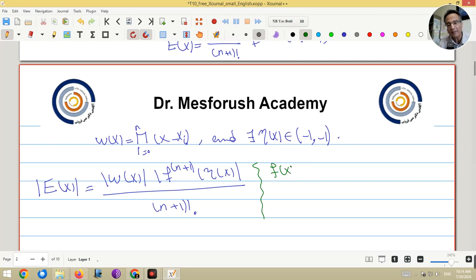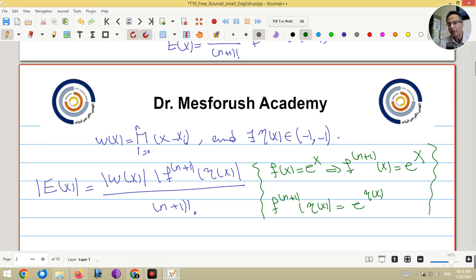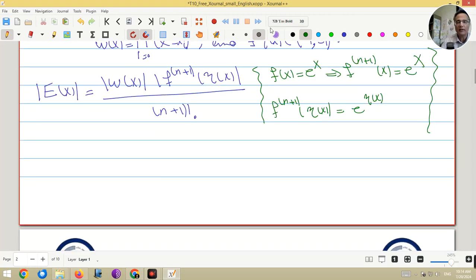Now note that f(x) = e^x, and this means that the (n+1)th derivative of f is again e^x. So the (n+1)th derivative of f at eta(x) is equal to e^(eta(x)).